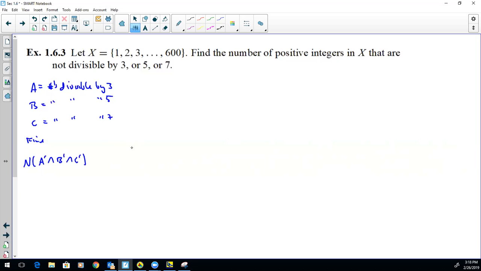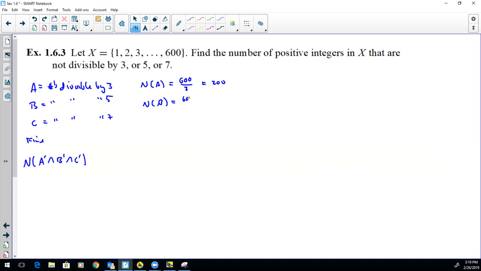Okay, so we need to count some things here. First, how many things are in this set? Well, there's 600 numbers in the set, and every third one is going to be divisible by 3. 600 over 3 is 200. How many elements in this set are divisible by 5?